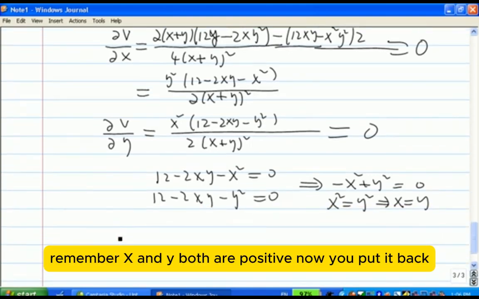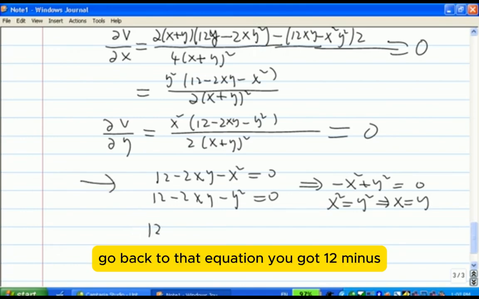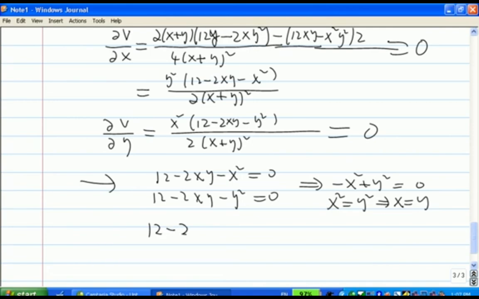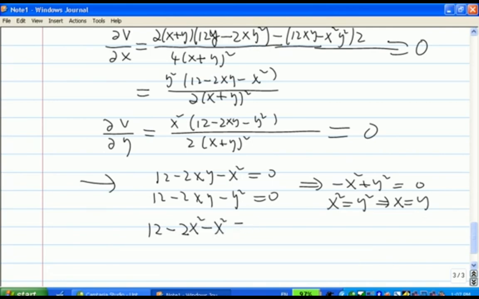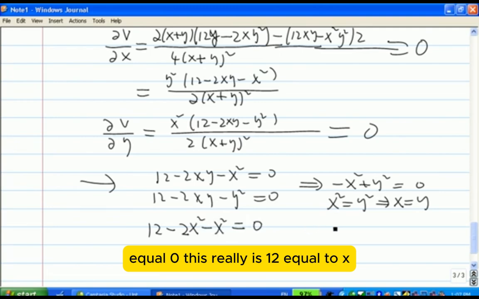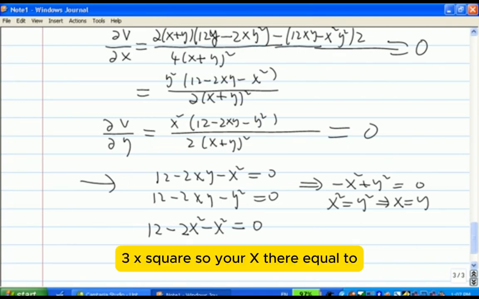Then you put it back. For example, go back to that equation. Remember y equals x. So you got 12 minus 2x squared minus x squared equal to 0. This really is 12 equal to 3x squared.